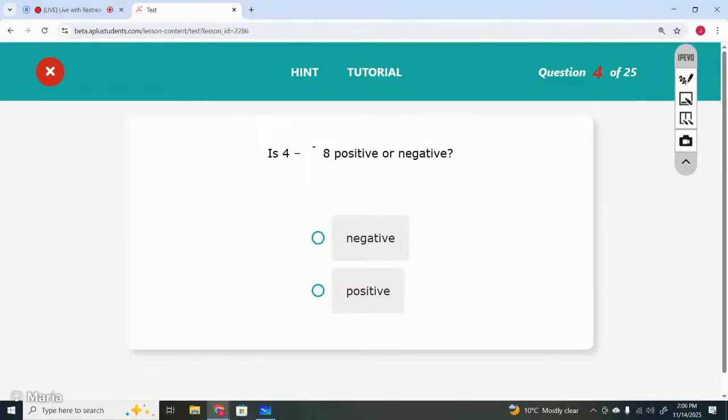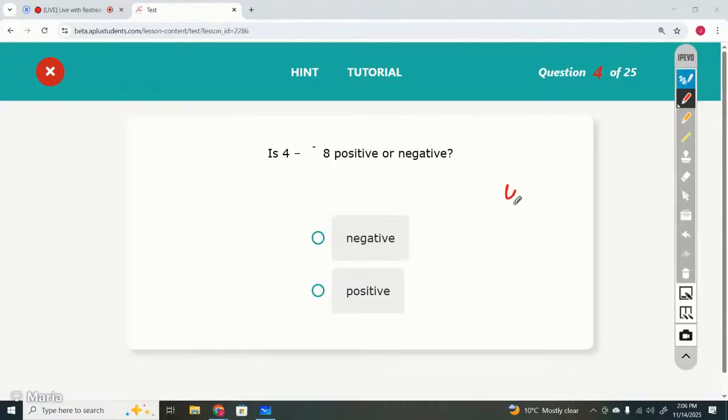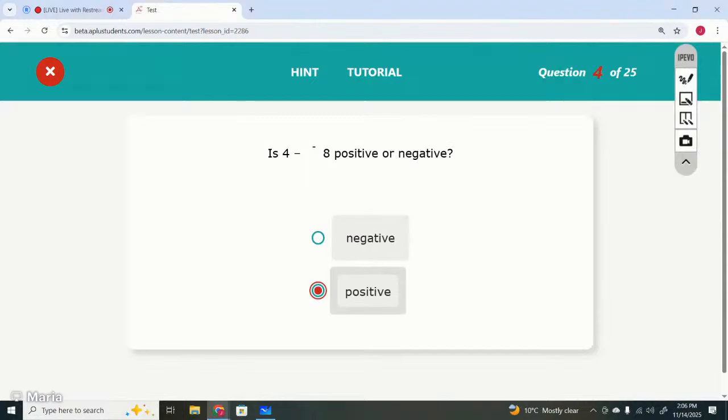Is 4 minus negative 8 positive or negative? So subtracting a negative number is same as adding. You can note down these sentences. Subtracting a negative number is same as adding. So the correct option is positive. Option number 2 is the correct option.